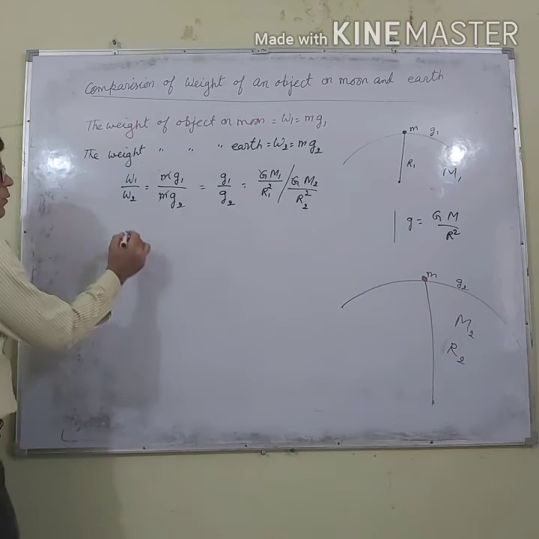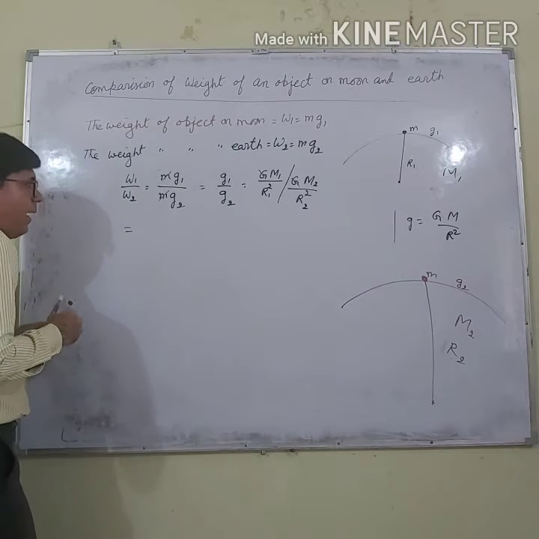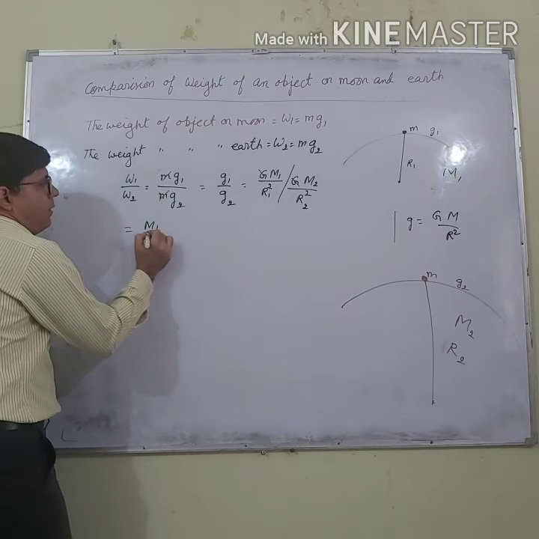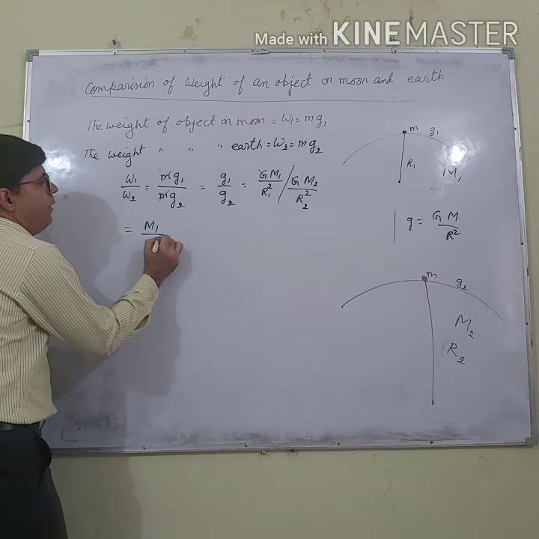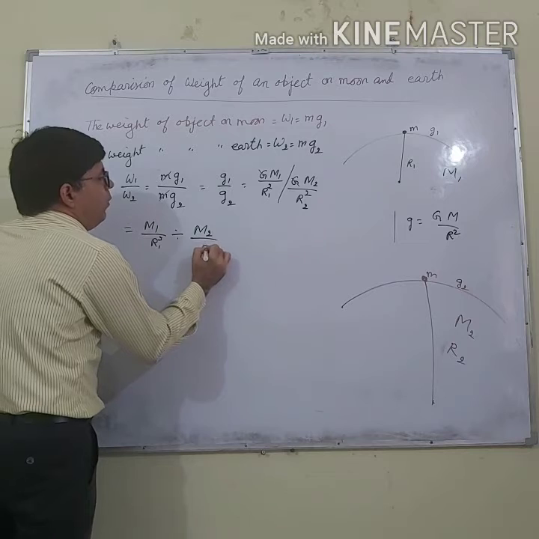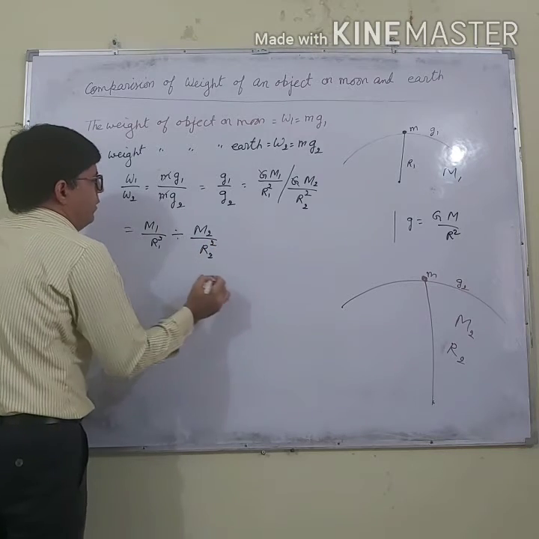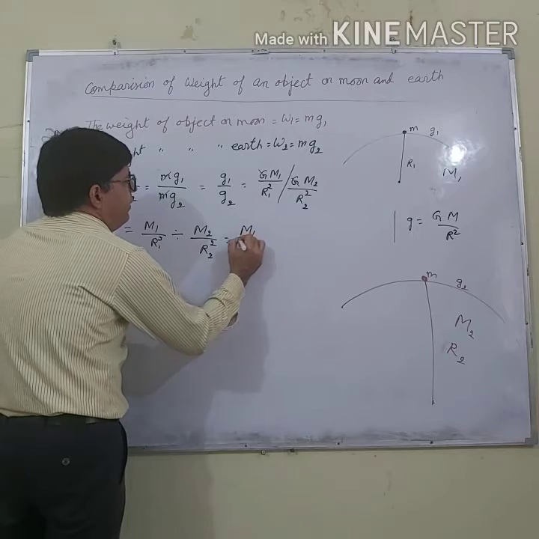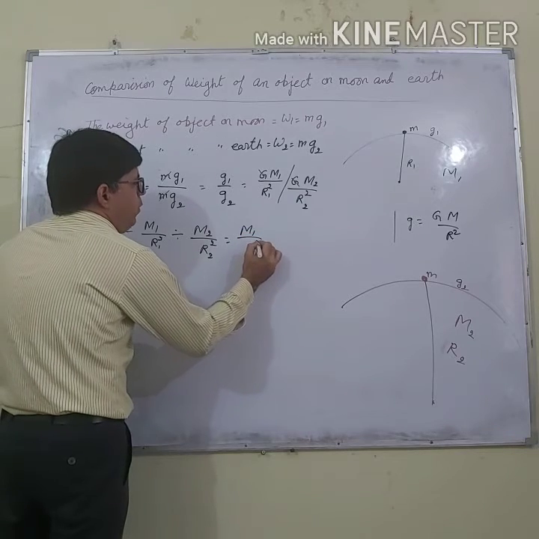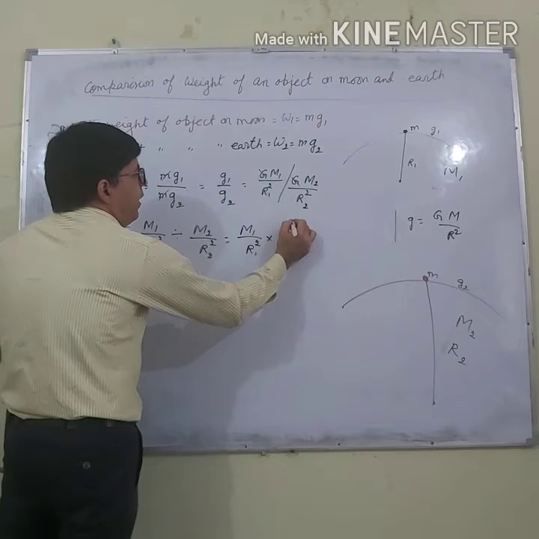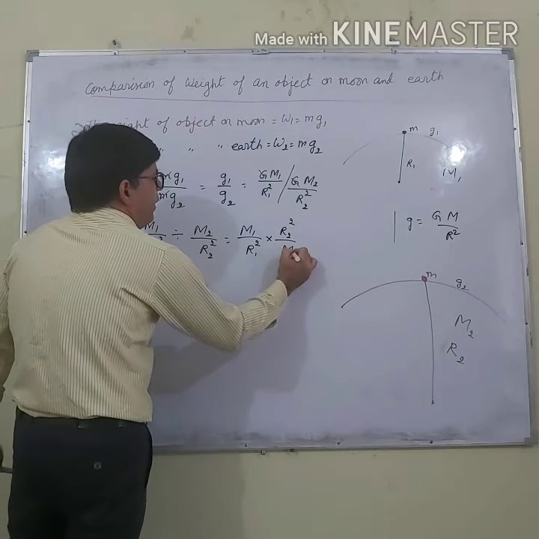So this is m1 upon r1 square divided by m2 upon r2 square. And you know that when we are in division, we take its reciprocal, it is r2 square by m2.